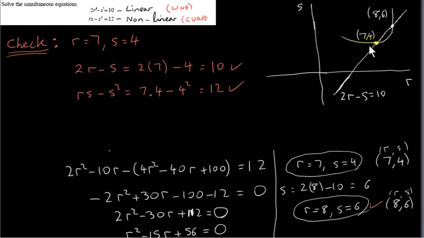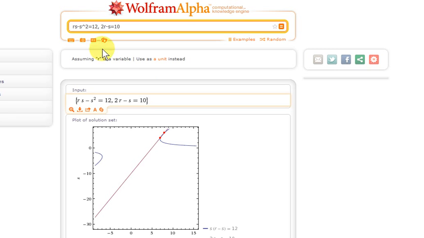But that's the geometrical situation. So the curve has the equation rs minus s squared equals 12, and the line has the equation 2r minus s equals 10. And these are where the solutions to the pair of equations are, where the line and curve cross. If you want to see the curve, you could go here and type in the two equations, separate them by a comma.